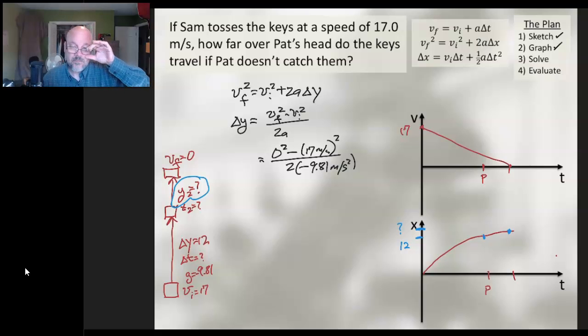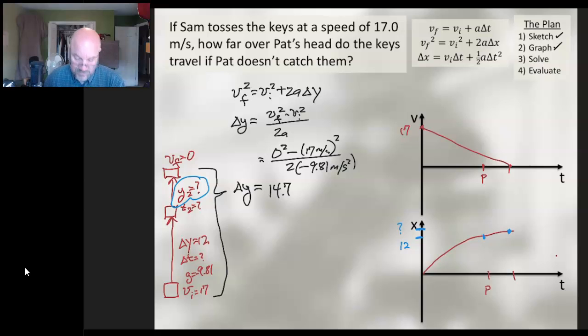What we're going to get in this case is delta y is 14.7. Now, we have to be a little bit careful with what that 14.7 is. Is the 14.7 our y2 like in our diagram? No, it's not. The 14.7 is actually this whole distance along here.